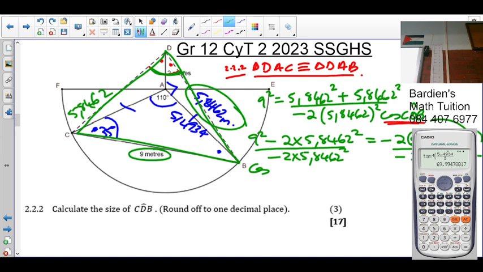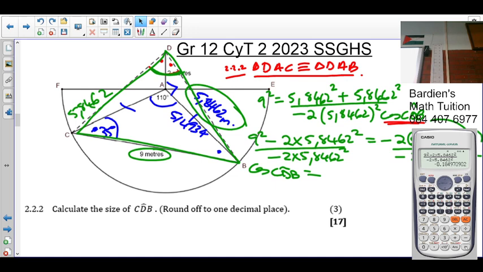So cos of CDB is equal to 9 squared minus 2 times 5.8462 squared, over negative 2 times 5.8462 squared.